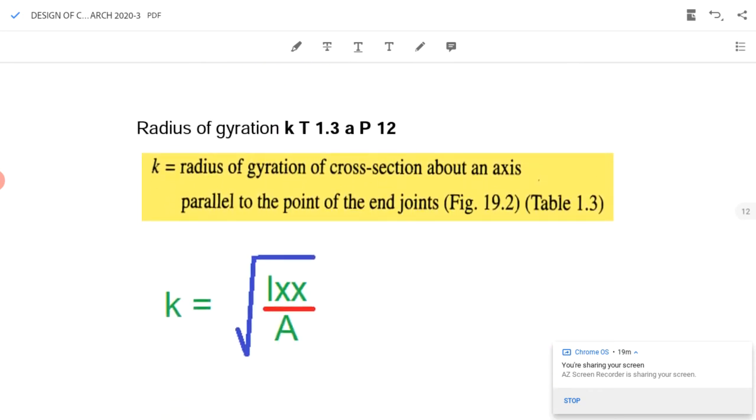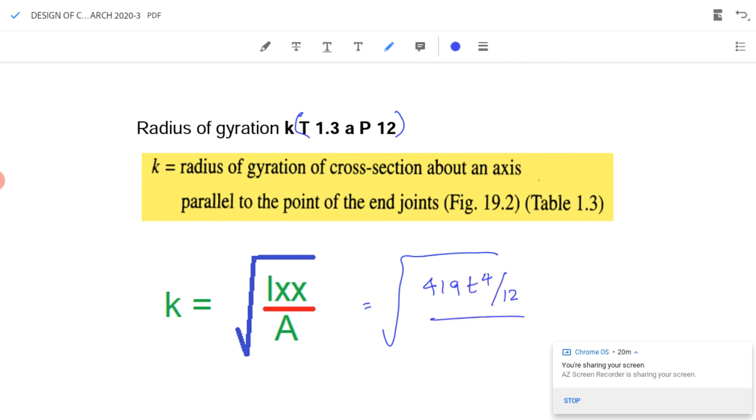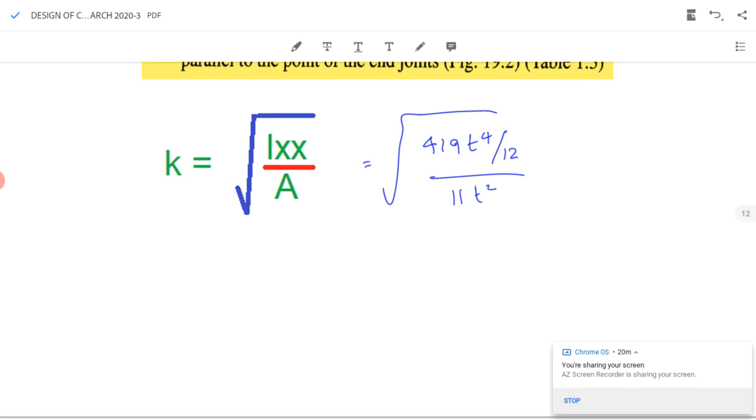Radius of gyration k is also given in table 1.3, page 12, or I can write k equal to root of Ixx by A. If you remember, Ixx was equal to 419 T raised to 4 by 12, divided by A, the cross-sectional area, 11 T square. After substitution, I will get k equal to 1.78 T.